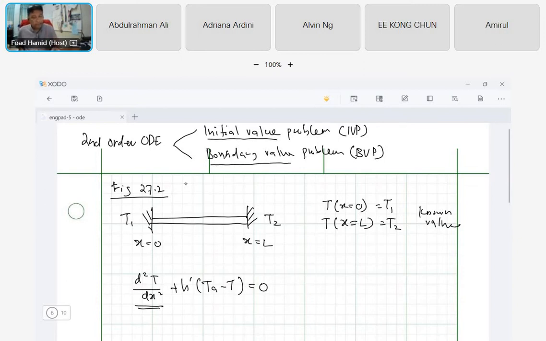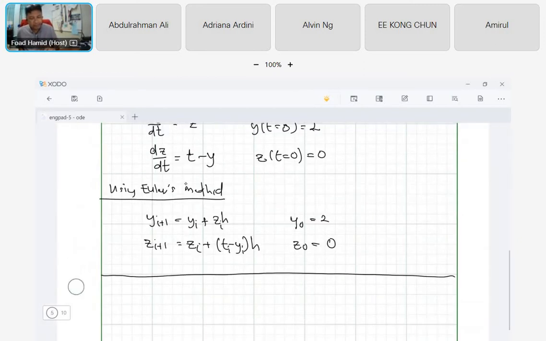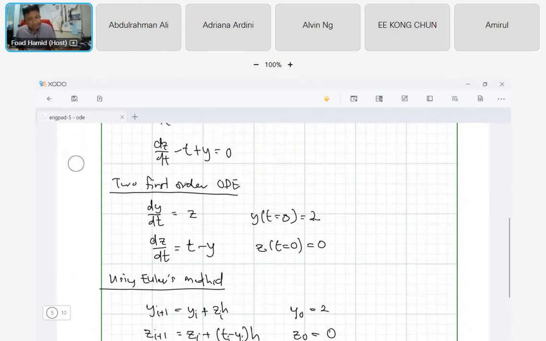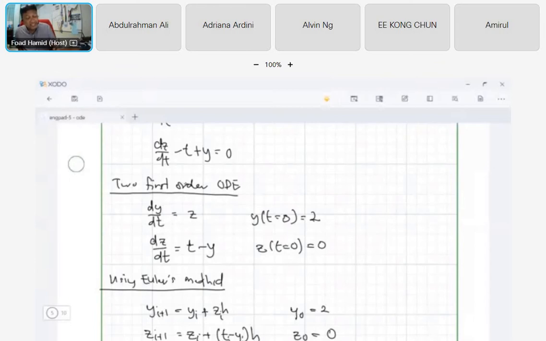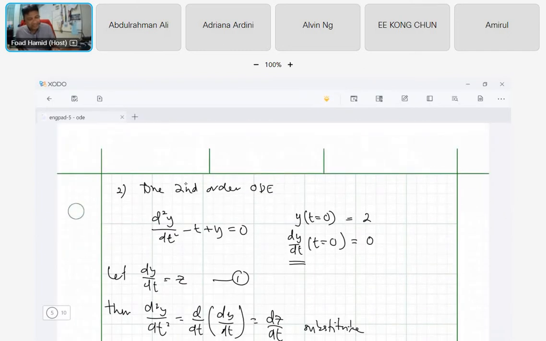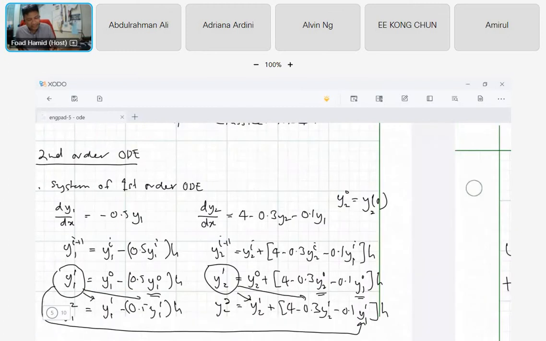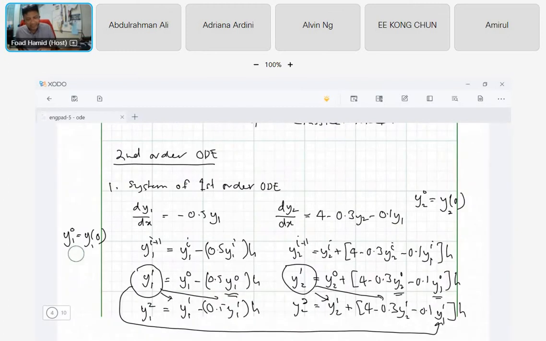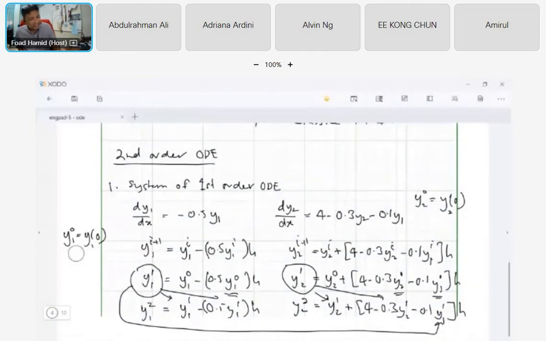Note that in our previous example, the external condition is defined at t equal to 0. And this one is also defined at x equal to 0, right?